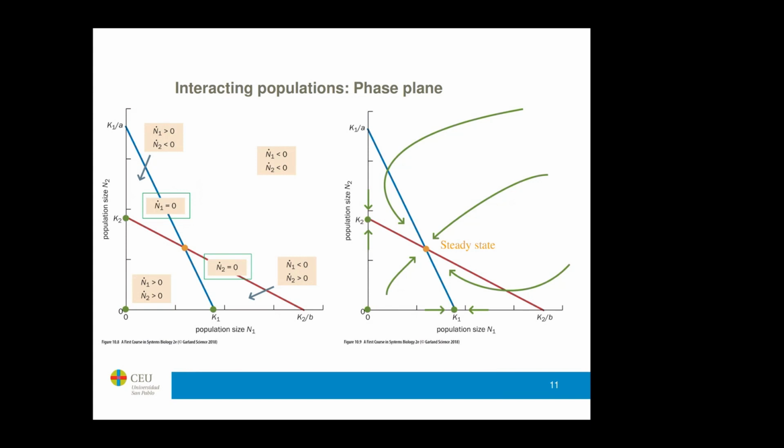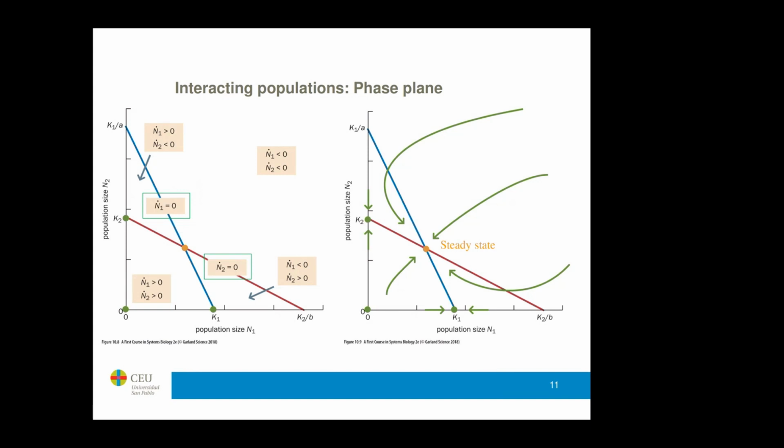So these lines are N1 equals 0. It separates N1 larger than 0 from N1 smaller than 0. And the same for this line. This line separates N2 larger than 0 and N2 smaller than 0. So you can put a label on each one of the regions here.